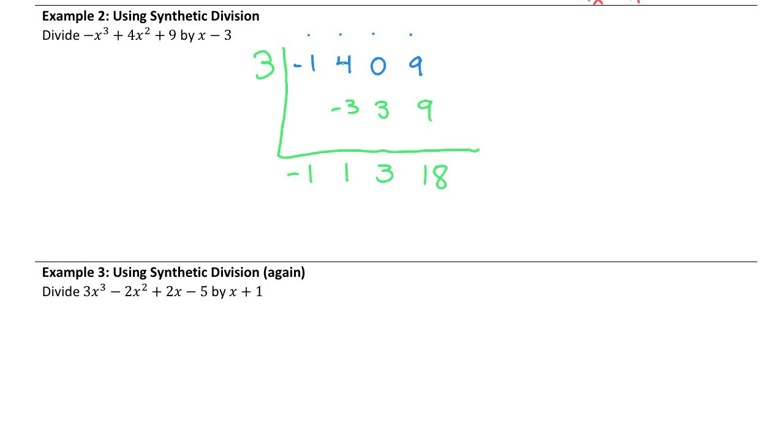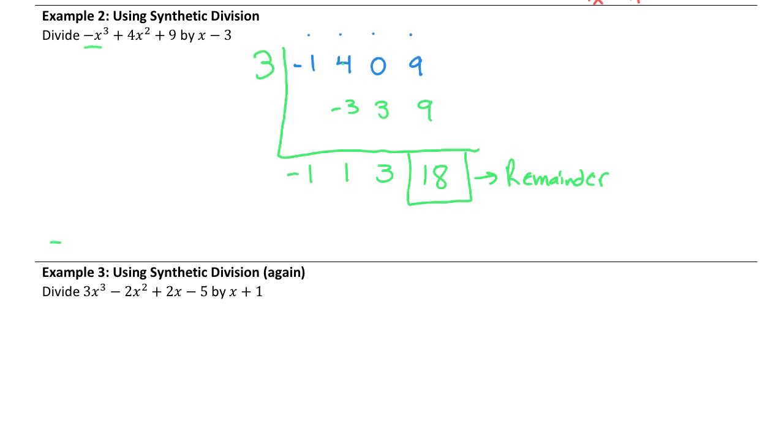So that is finished in a sense. What we've got to recognize is our last number here is the remainder. Okay, the last number is our remainder. So that's something to keep in mind. Now, the way I write this as a polynomial, it's going to be one less degree than the polynomial we divided.